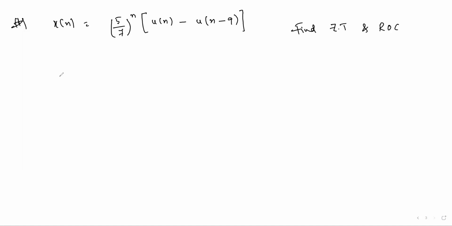If x of n is 5/7 whole to the power of n, u of n minus u of n minus 9, then find the Z transform and ROC.